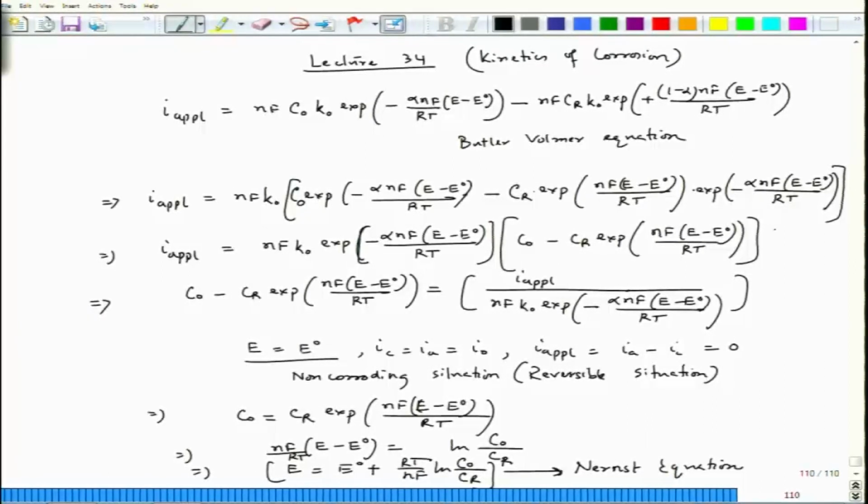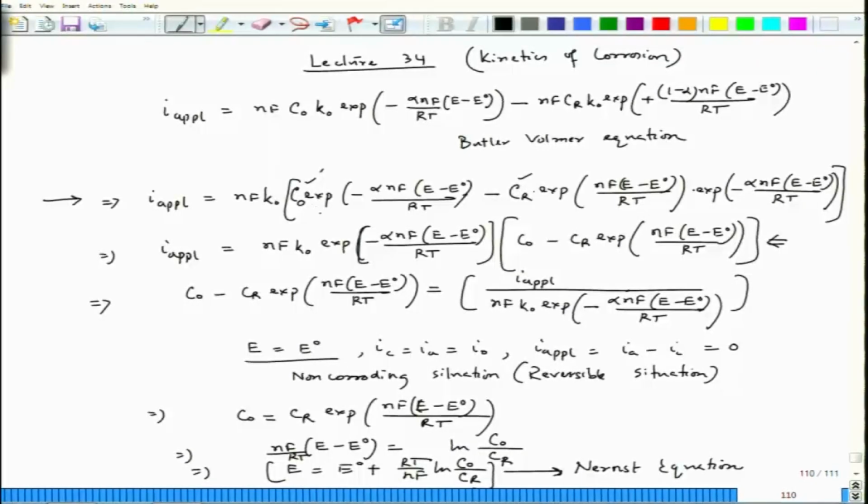So, this particular condition or the equation what we are seeing in this, they have two components, one is C_O and C_R. Now, if we assume that C_O and C_R are the same values, that means physically it means that the concentration at the interface for oxidant and reductant, they are not changing and they are having the same value.